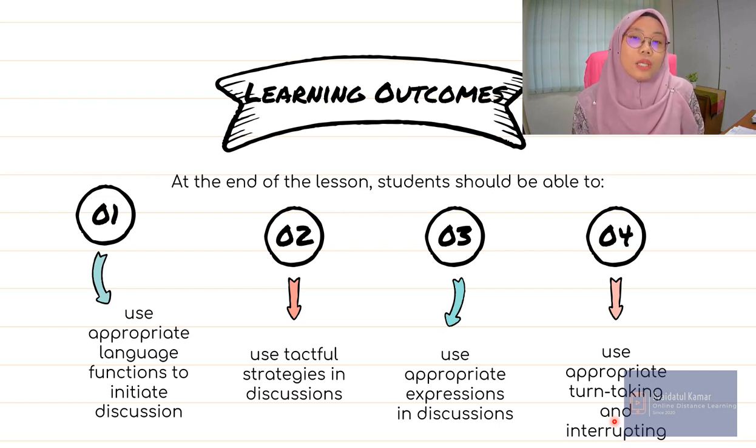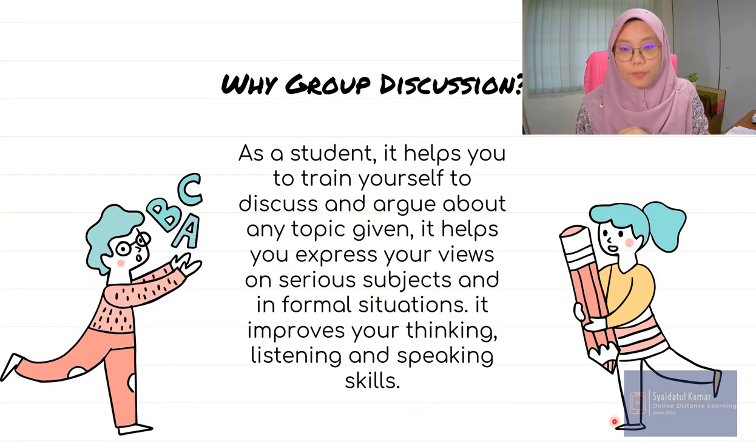They only know how to argue. And Alhamdulillah, you are going to learn how to discuss. When you learn these strategies, you will hopefully be a better person and also a better communicator, right?